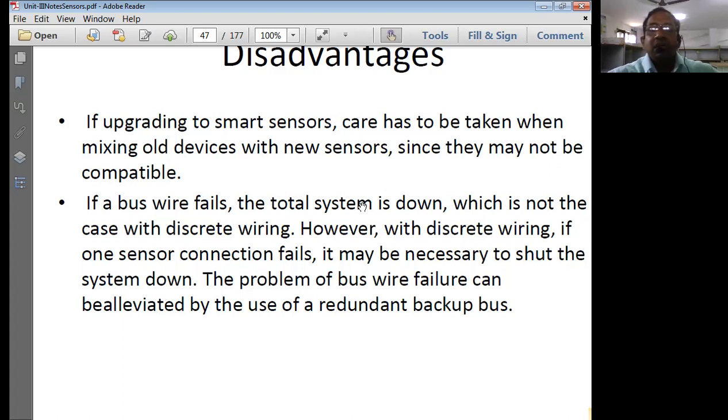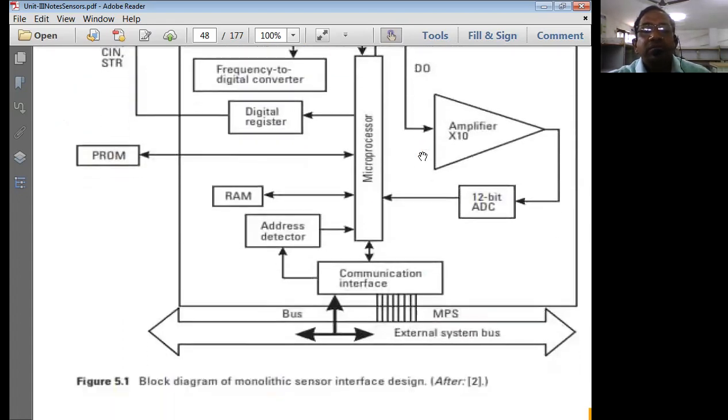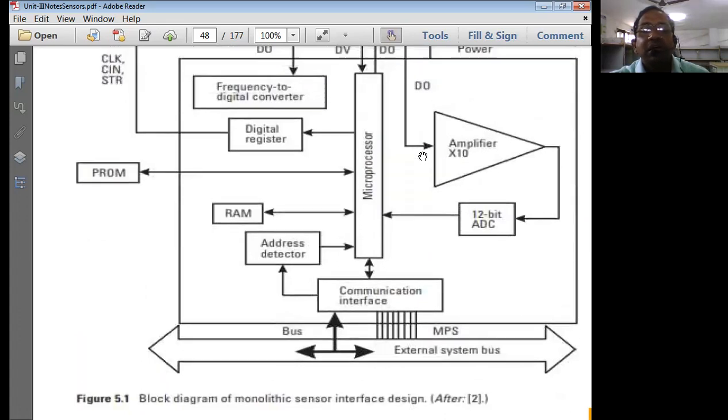One is compatibility when upgrading the smart sensor in terms of hardware units, and the other is bus failures in smart sensor systems.